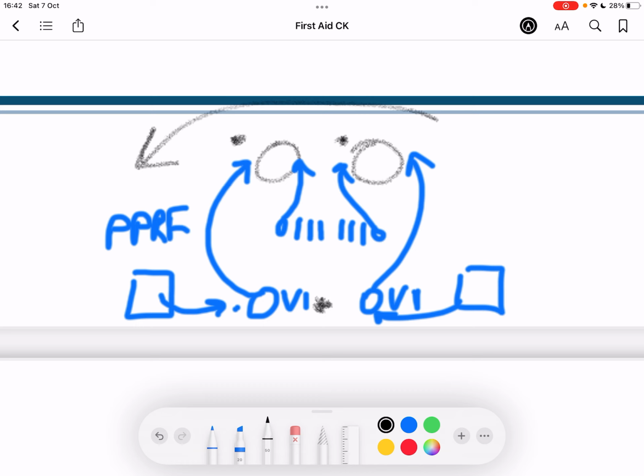Okay? If I have lost my MLF bilaterally, that means I will be able to look left with the left eye, but I won't be able to look left with my right eye. So I ask the patient to turn their eyes to the left. The right eye won't be able to move in that direction. Then if I ask the patient to gaze to the right, this will require the PPRFs to have input into cranial nerve 6.